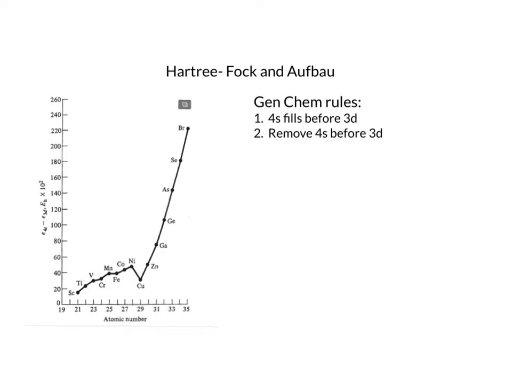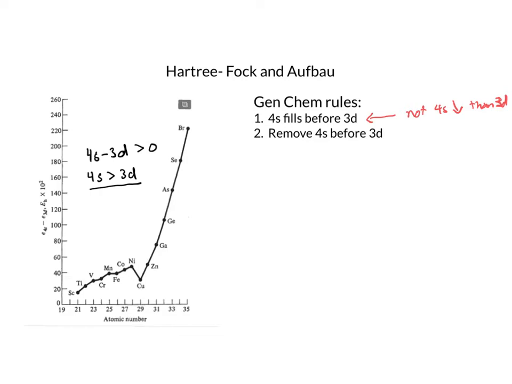So if we take 4s orbital energy minus the 3d orbital energy, it's greater than 0, which means that 4s is higher in energy than 3d for each one of these elements. And so that tells us that in fact this explanation of this rule is wrong. So it's not that 4s is lower in energy than 3d, but something else is going on here.